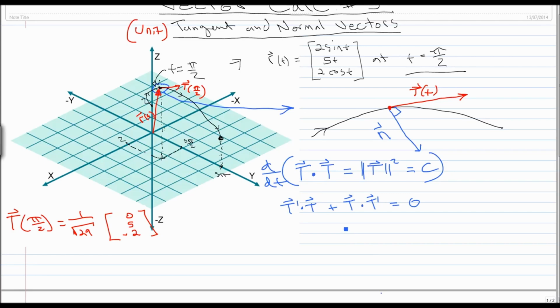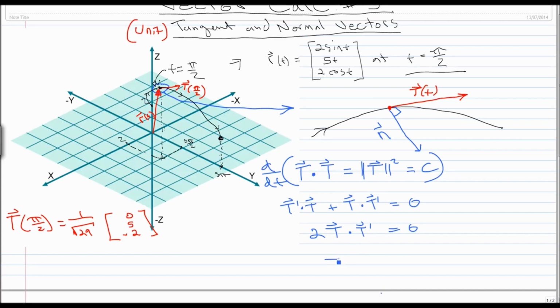Since it doesn't matter the order in which you compute a dot product, I can flip this one around and say T dot T prime, add the two together. So I end up with two T dot T prime equals 0.